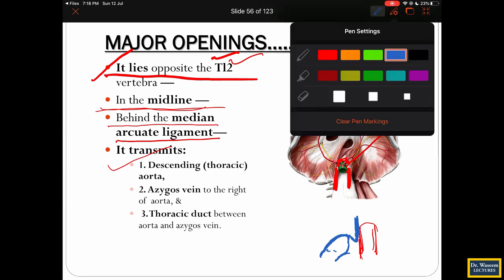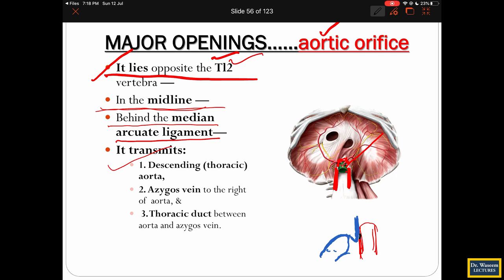And in between both of them is lying another very important duct whose name is the thoracic duct. This is taking lymph from all the regions of your trunk below the diaphragm. This is the thoracic duct. So these 3 major structures are passing through there.